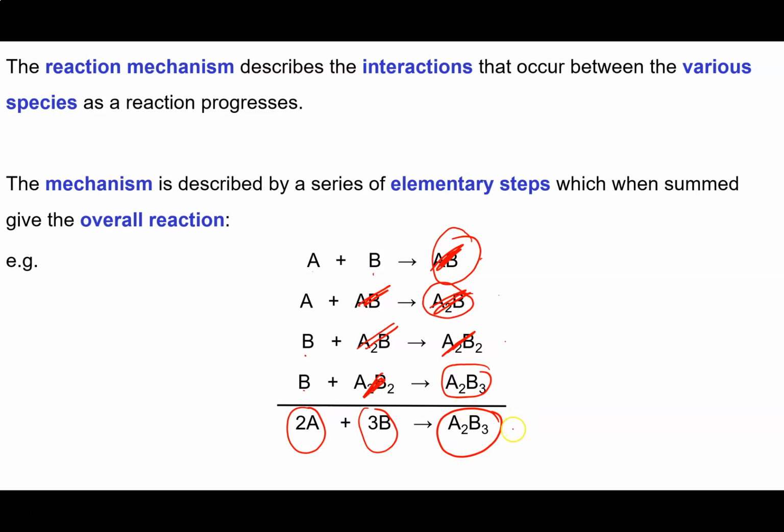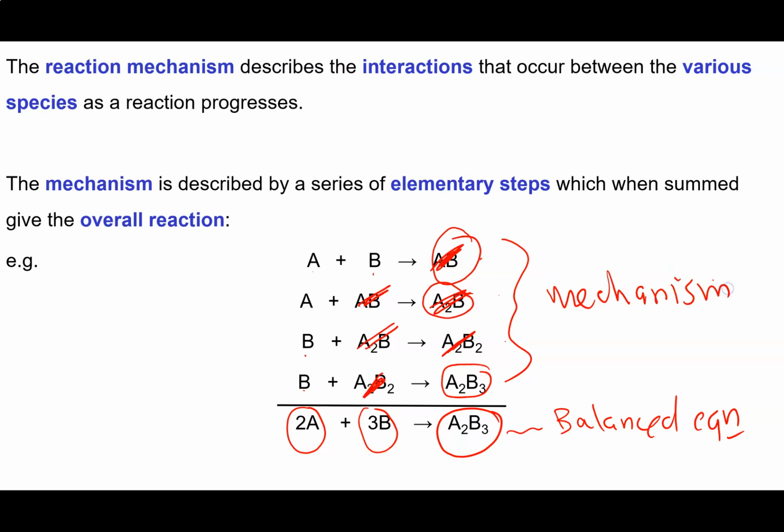But what you see is that the overall balanced equation doesn't at all tell us what the mechanism is, what the actual steps are that occur as this reaction progresses.